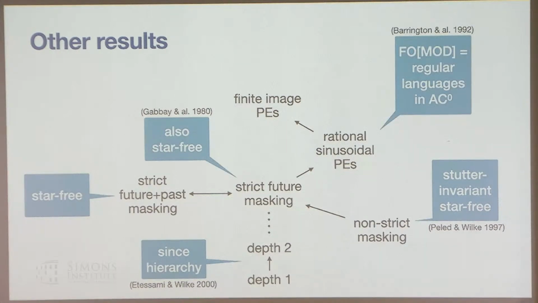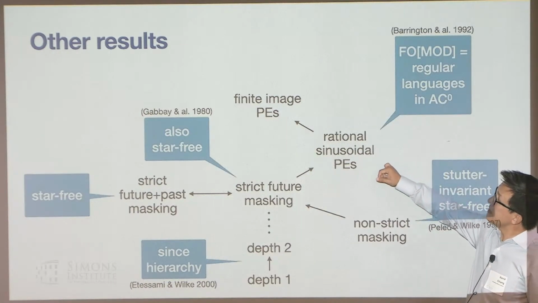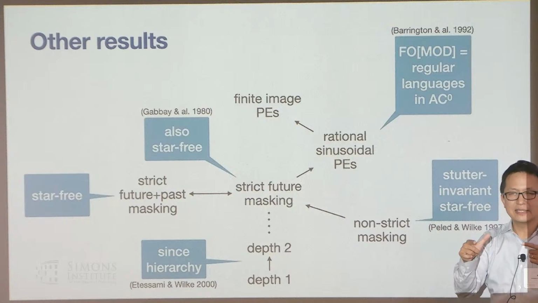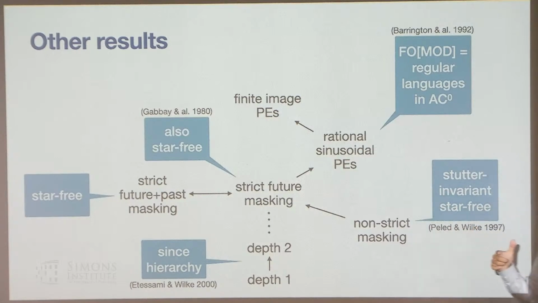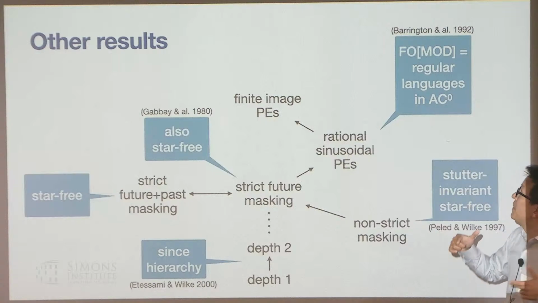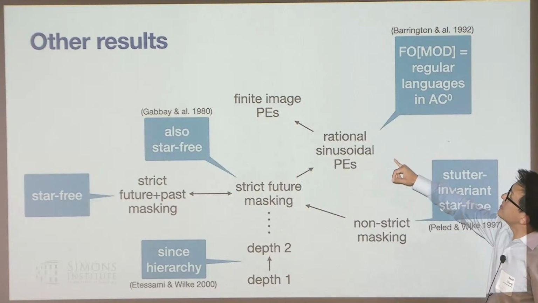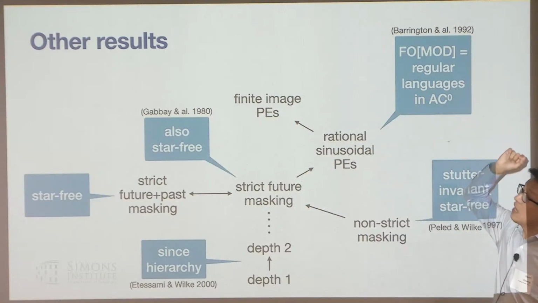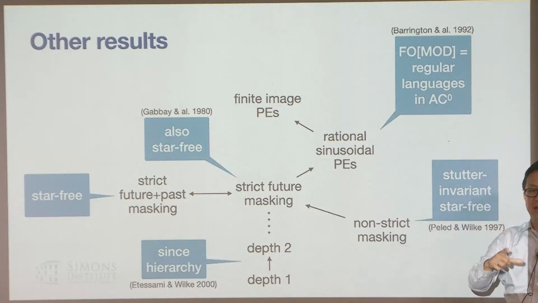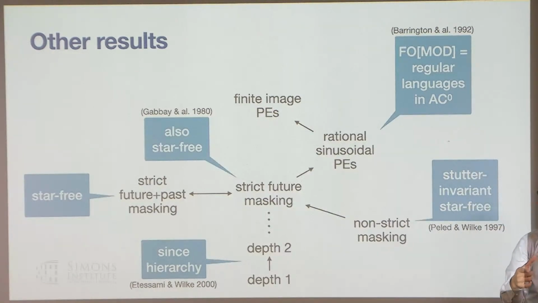Two more. So now if we consider adding positional encodings, so if you add the sines and the cosines, subject to the hopefully mild assumption that the angles are all rational multiples of pi, then what you get is a logic called FO[MOD]. So this is first order logic with a modular position predicate added to it.